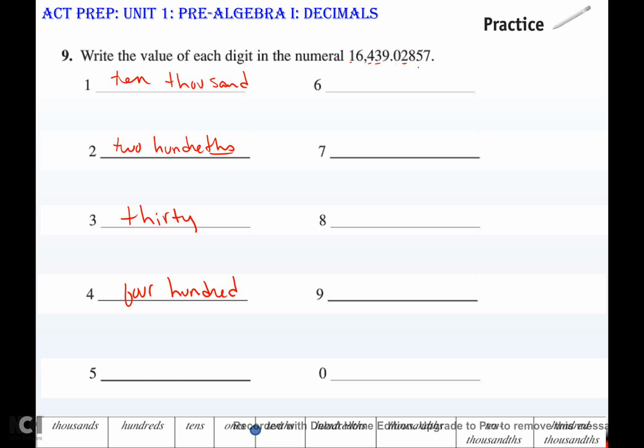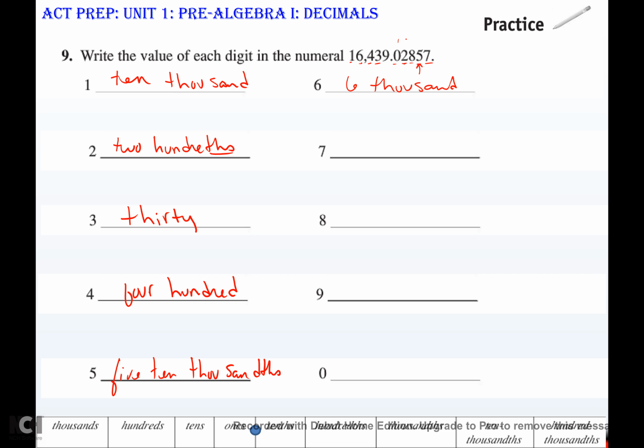The 5 is in the tenths, hundredths, thousandths, ten-thousandths, so this would be 5 ten-thousandths. The 6 is in the thousands place, so that would be worth 6,000.